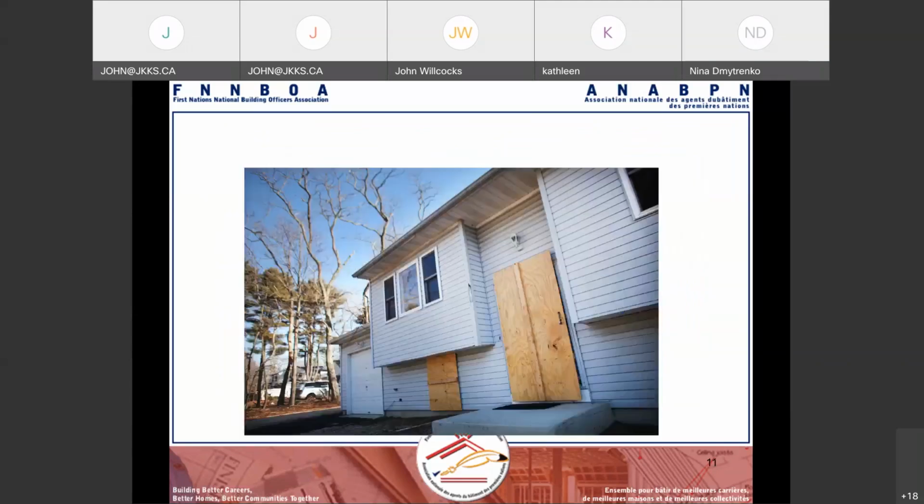Next picture, we have a house that's been boarded up, and there's a couple of risks here. One would be a financial risk, that if this is being rented, obviously you're not getting any rent from it. There's no occupants. Then there's the risk of being damaged.